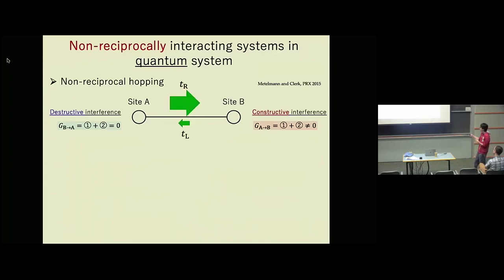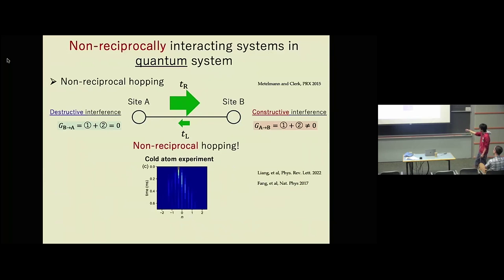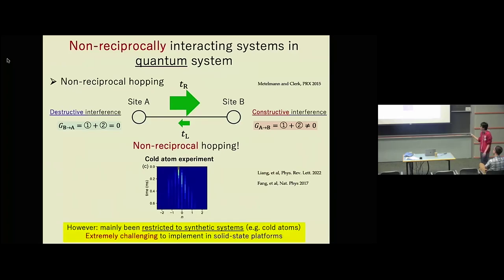And actually, this very cool idea has been implemented in several platforms. This is an example cold atom experiment where you do see this nice non-reciprocal hopping. However, this is pretty challenging to make in solid-state physics.